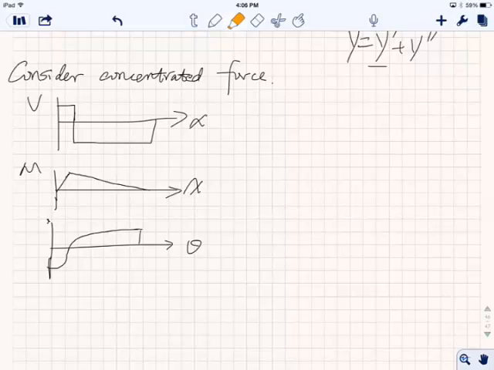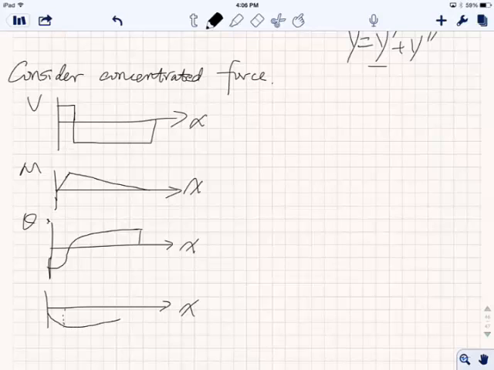This is my theta. Now lastly is my deflection. Okay, so it's my deflection. All right, so this is the overall idea of it, right?